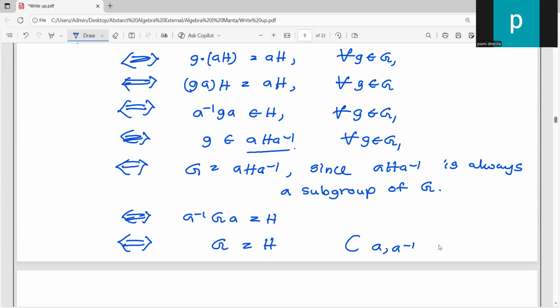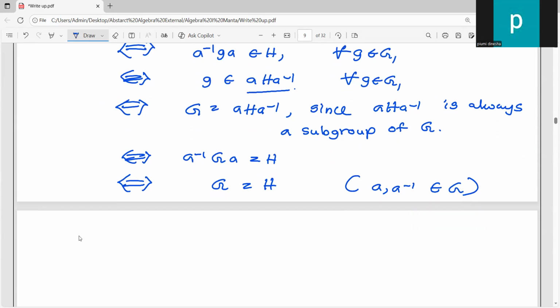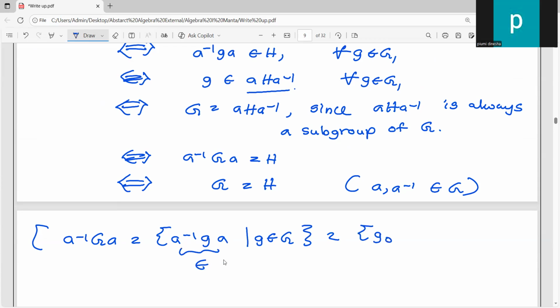A and a inverse are all elements in G. So when you write a inverse Ga, by definition, this contains elements of the form a inverse g a, where g comes from G. Now observe, a and a inverse are also elements in G. So what you see over here is g naught, an element in G. So by definition, this is the entire group G, so I will replace this by G. This a inverse a gets absorbed into the group G because they are elements in that group.